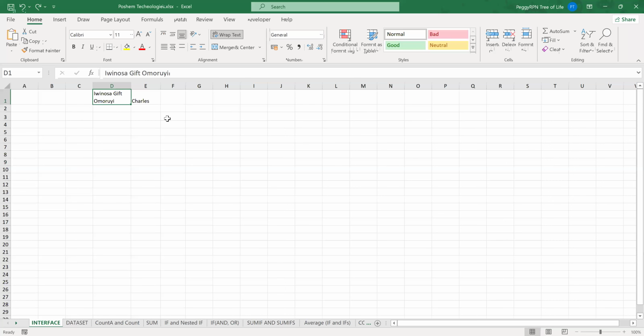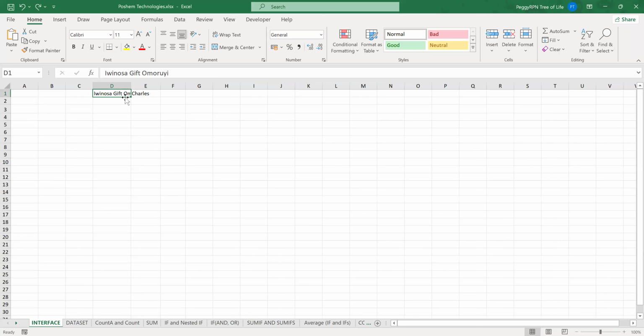Now to undo what you have done before is Control Z. To redo is Control Y. So you can come here also and do whatever you want to do, but I can use my keyboard and do that. Control Z to undo, redo is Control Y.